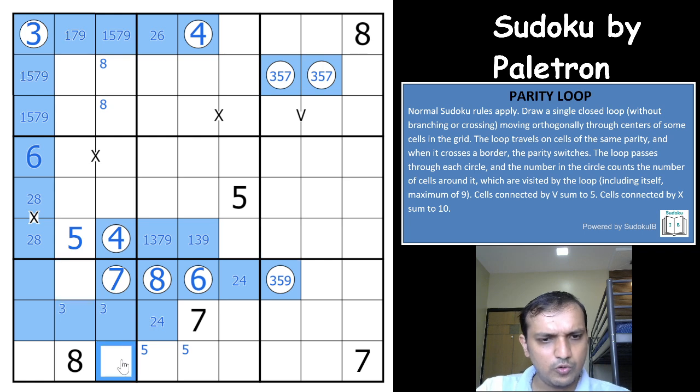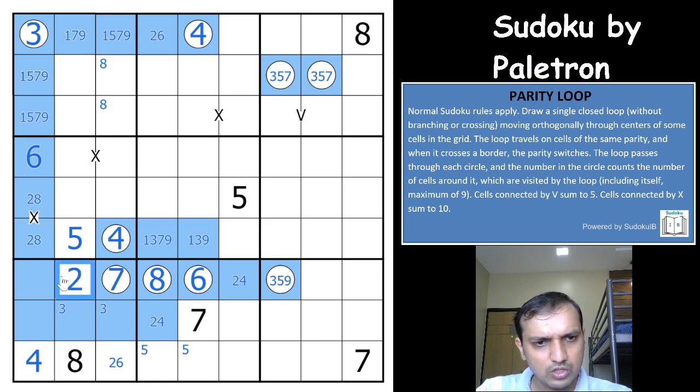4, that is 2, 6. This would have to be a 4, and this is 2 6, so this is 2, that is 6, that is 4, and that is 2. Nice. That 2 gives you a 6 here, and that gives you a 6 here.